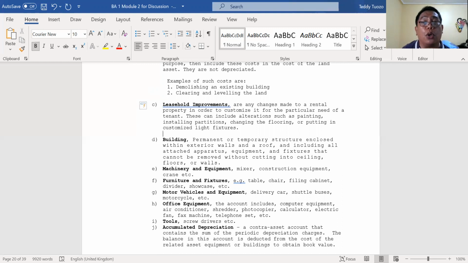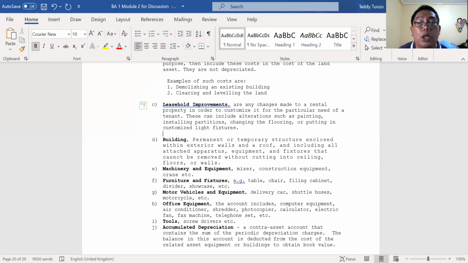Then you should also tailor fit the building that you rented, that you leased, to adhere to whatever is the agreement of the franchise or the design that you want for your building. So of course, the building cost is not yours, so you will not reflect it in your financial statements.